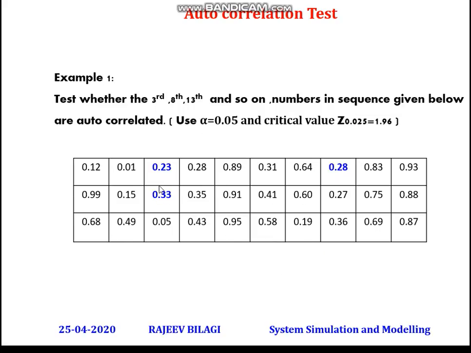What he has given is third, then eighth, then another number is 13th. You will find every fifth place there is a certain value. Okay, so now you find out whether these numbers are autocorrelated or not, whether this sequence may be accepted or not.